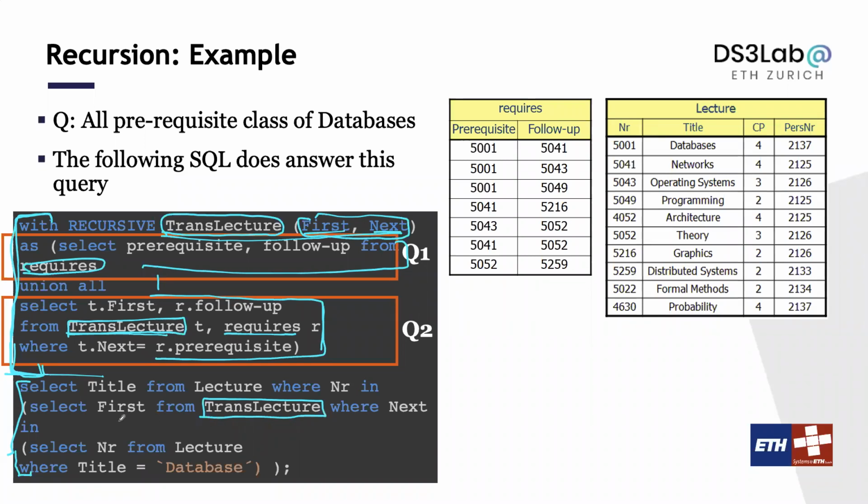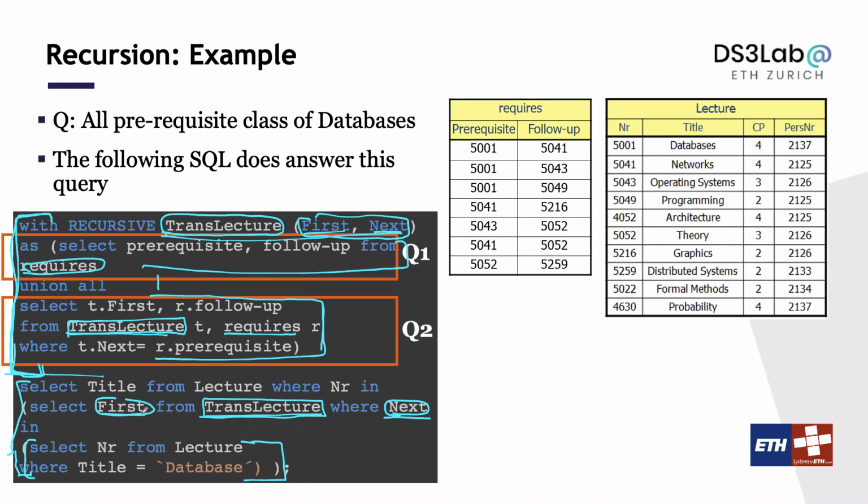Here is actually an interesting query. You select one course from this table, and your condition is that the next course is in the result of this subquery. If you look at what this subquery is trying to do, it gets the lecture number of a lecture whose title is database. As long as the next is in this set, it's going to return the first to you.